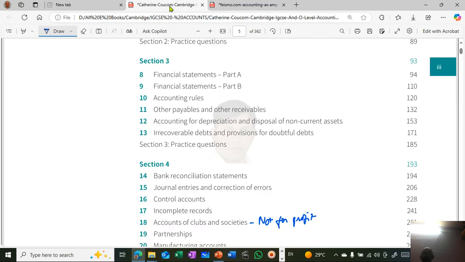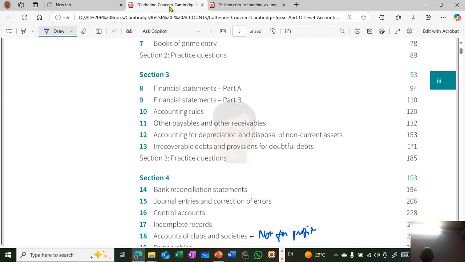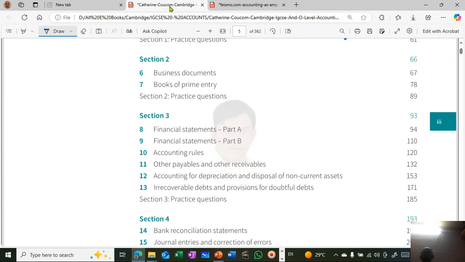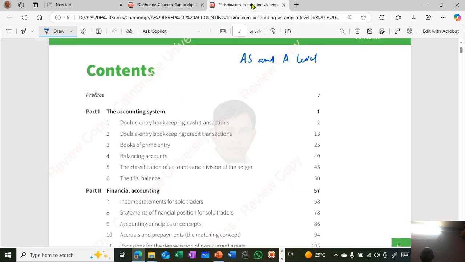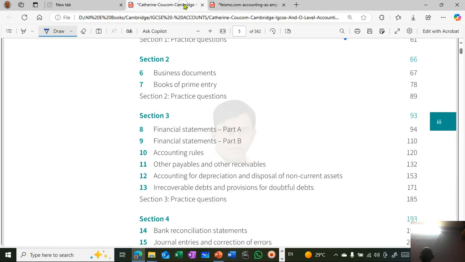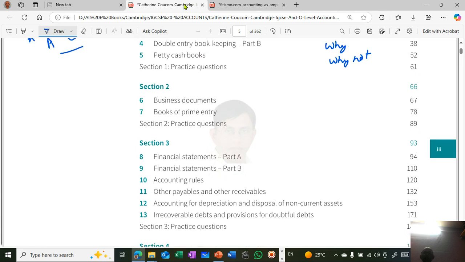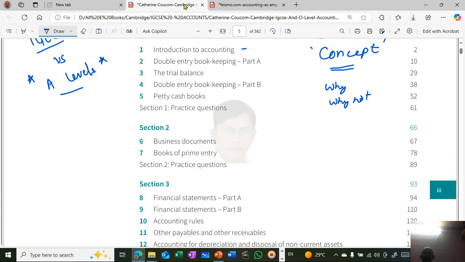Books of prime entry. Okay. So again, balancing accounts: how do you balance all those things. You will learn balancing accounts either here, here also you will learn.